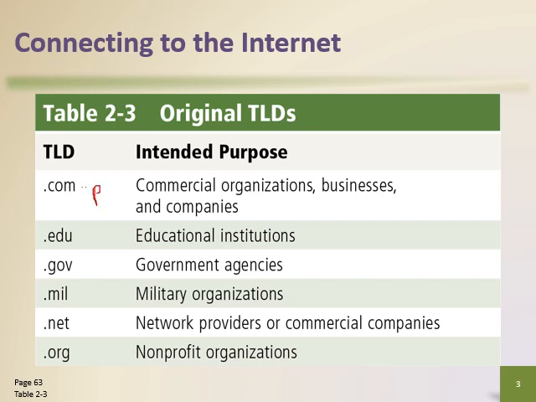So .pk means it is a commercial website of Pakistan. .au means it is a website of Australia, and similarly we can add the country code to distinguish which country a website belongs to.